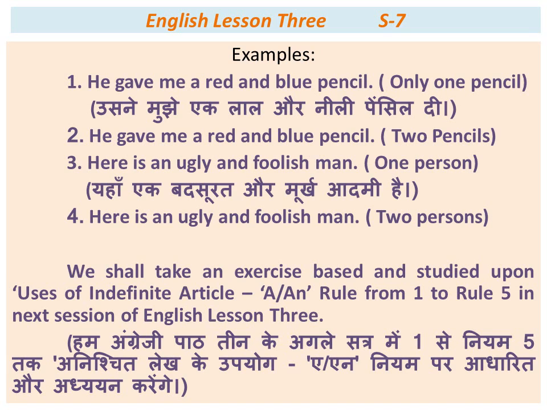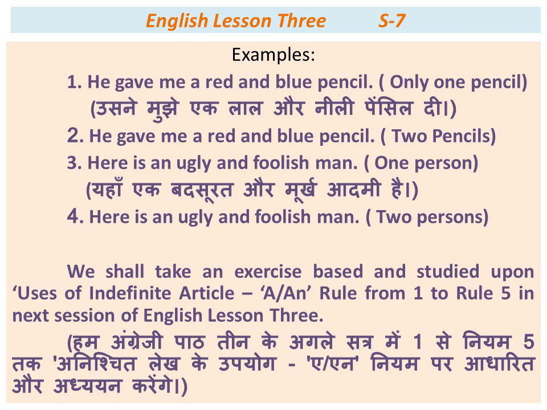Here are four sentences which are the examples for rule 5. Example number 1, he gave me a red and blue pencil. Here only one pencil is there. Example number 2, he gave me a red and a blue pencil. In this case, there are two pencils, one red pencil and one blue pencil separately.